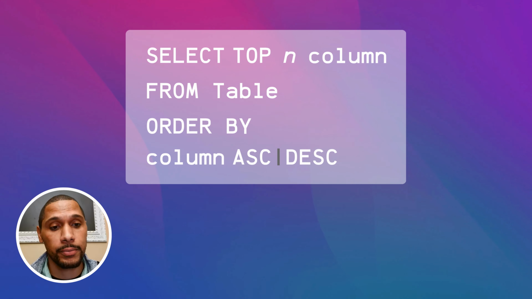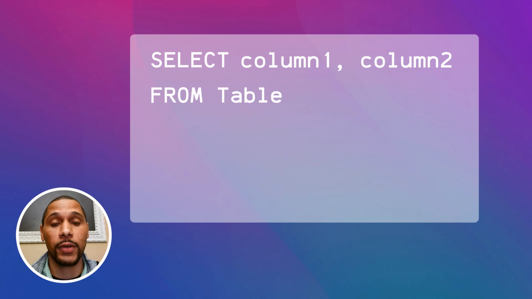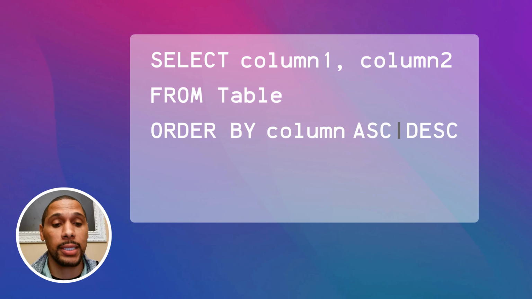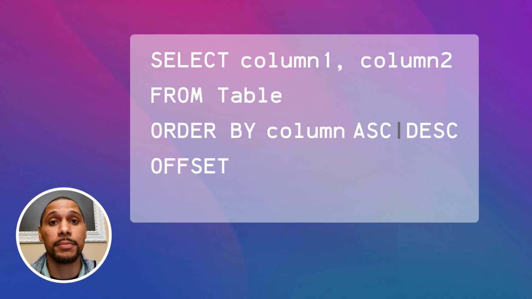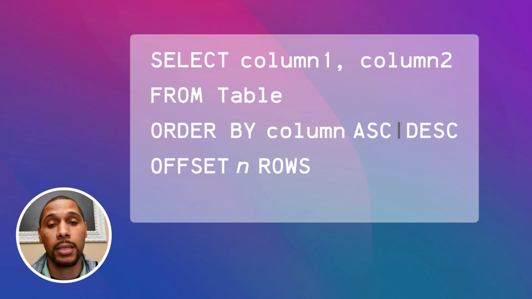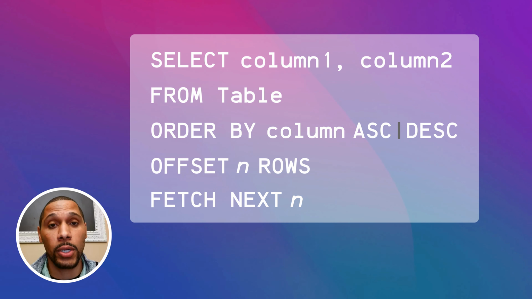If we're using offset and fetch next, we would write select the columns that we want to select from the table that we're selecting from, order by the column that we're sorting by, and ascending or descending, then offset the number of rows that we plan to skip, and then rows, and then fetch next the number of rows that we want to fetch or pull data from, and then rows only.